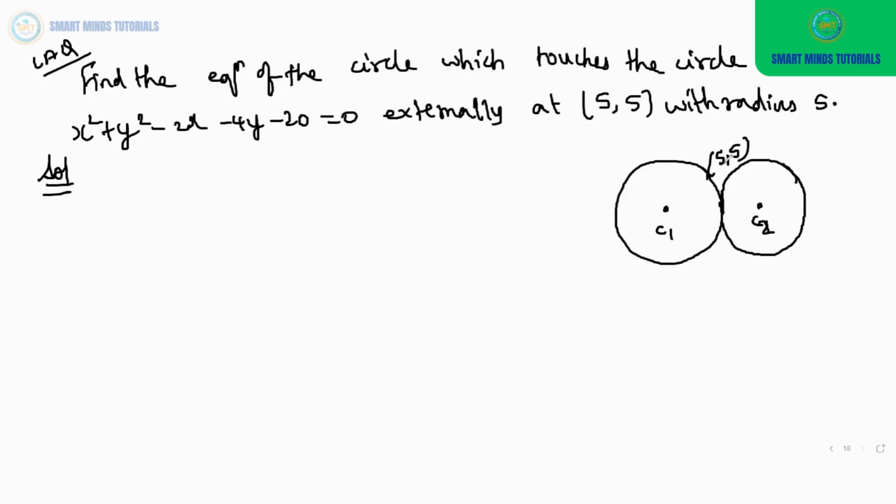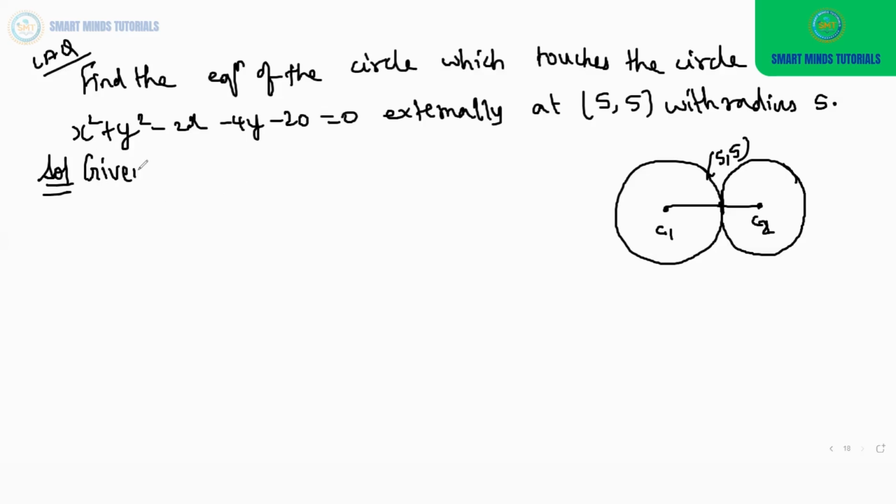They have given the point of contact and they have given the radius. So the first circle is given to us, and the second circle we have to find out.